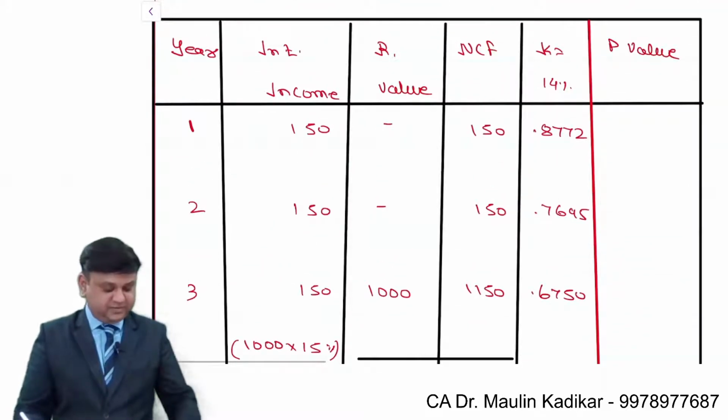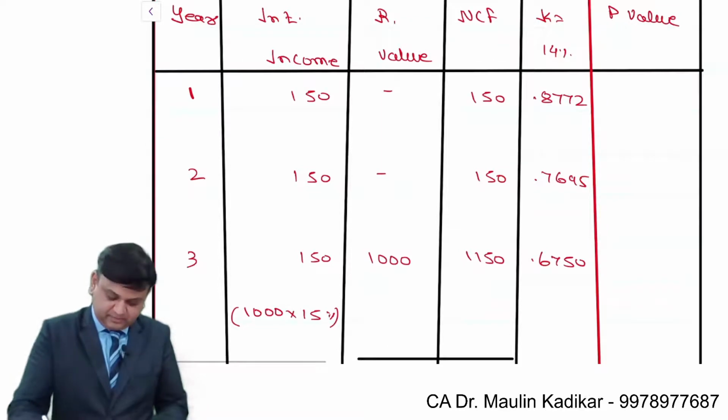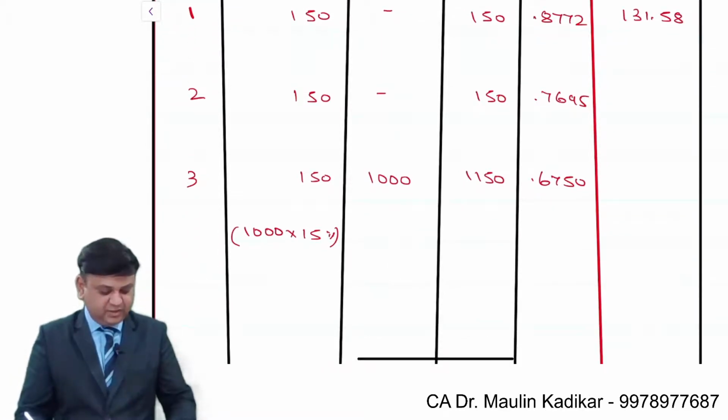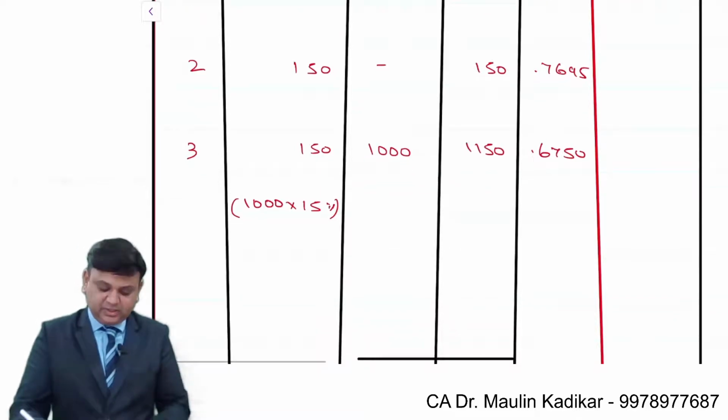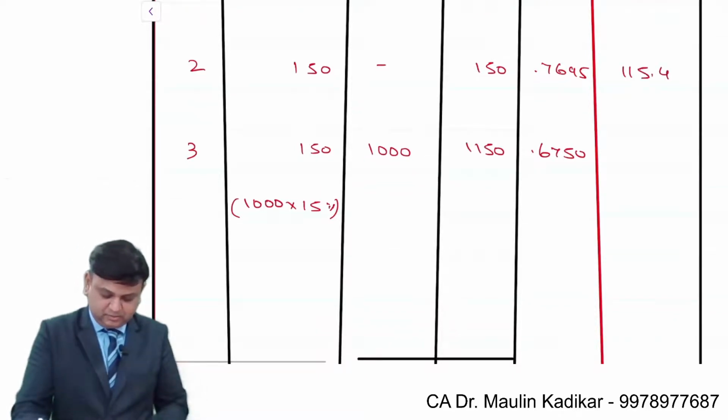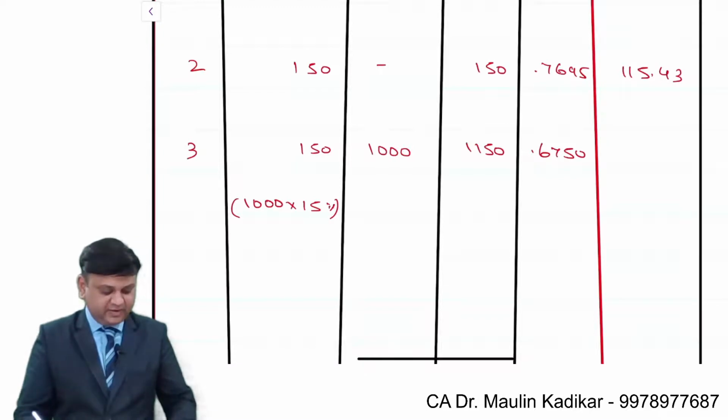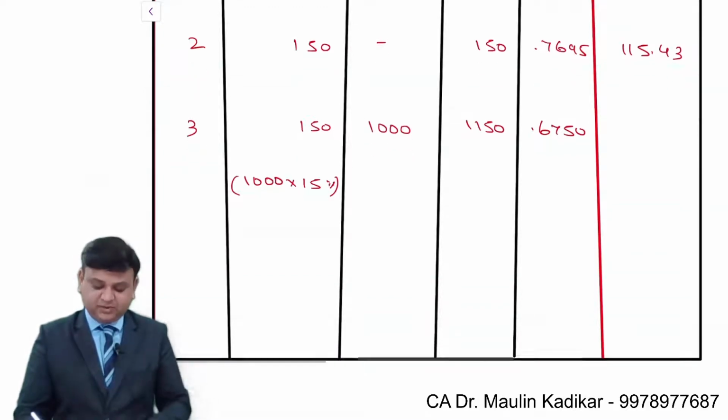Converting into present value, 150 into 0.8772 comes to 131.58. Then 150 into 0.7695 comes to 115.43. Then 1150 into 0.675 is 776.25.